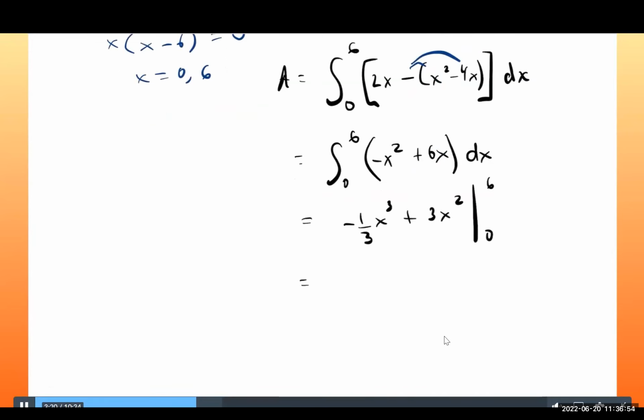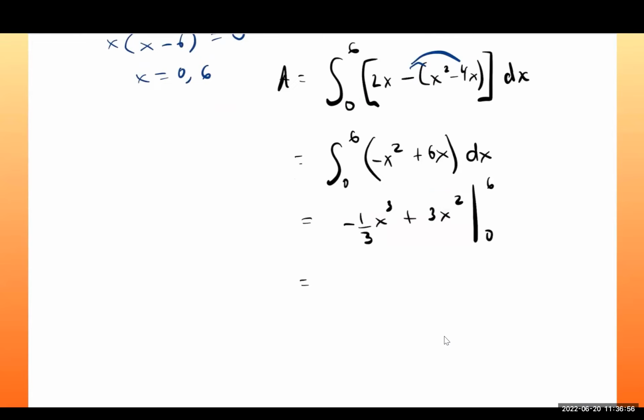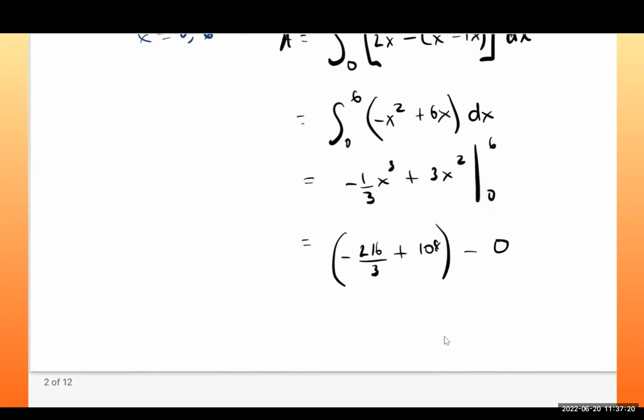If you plug in 6, that's 6 to the 3rd, which is 216 over 3, plus 36 times 3, 108, minus 0, because when you plug in the lower limit, they both cancel out.